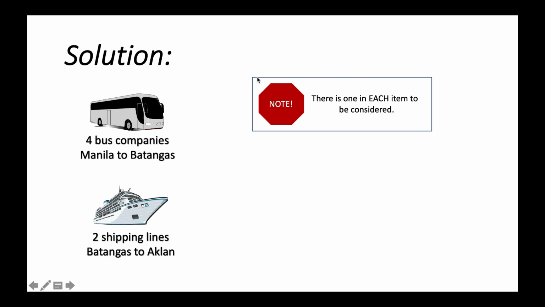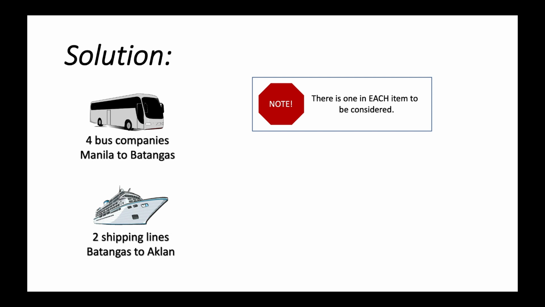Meaning one bus company, at the same time, one shipping line. Because she won't be able to go to Aklan if she will simply choose a bus company but not choose any shipping line.